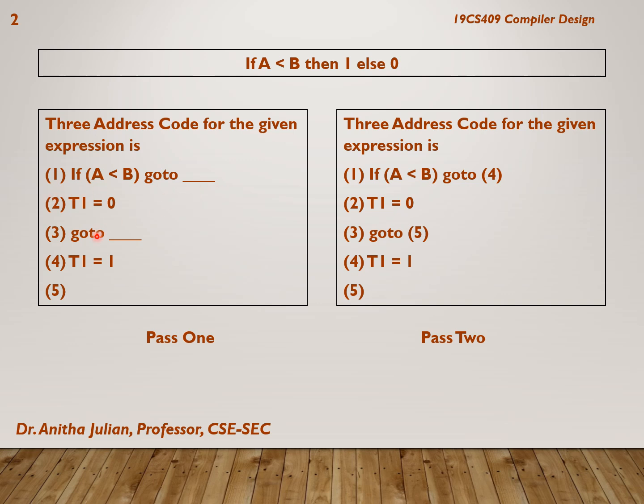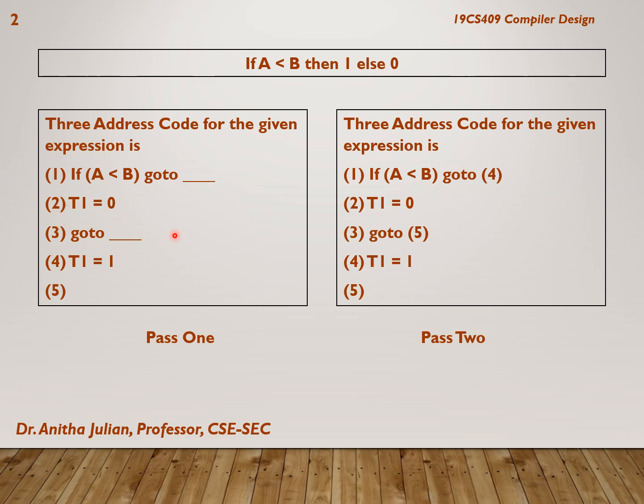So we don't know to which statement number we have to go. So we will simply write if A less than B, it is true. If the condition is true, we have to go somewhere. And the general understanding is the immediate statement will be the false condition. So here we can very well write the else 0 condition, T1 equal to 0.